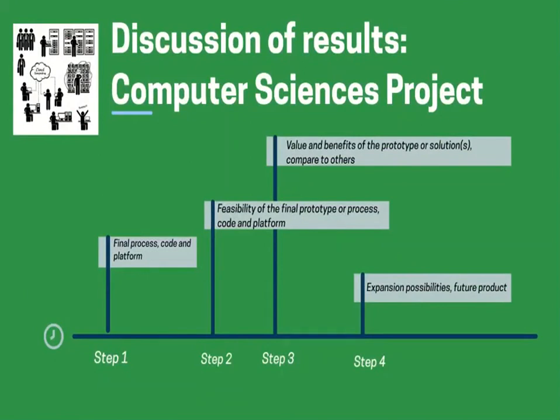Third, the value and benefits of the prototype or solutions must be explained. You can compare them to other products available at the moment. Fourth, how can this code be changed in the future to improve or modify to specific needs? This refers to the adaptability of your code.